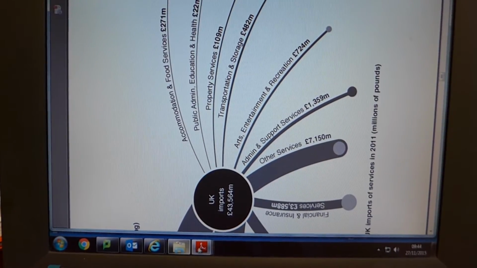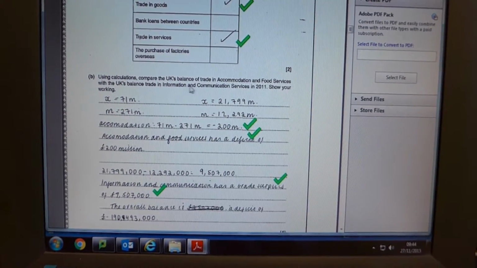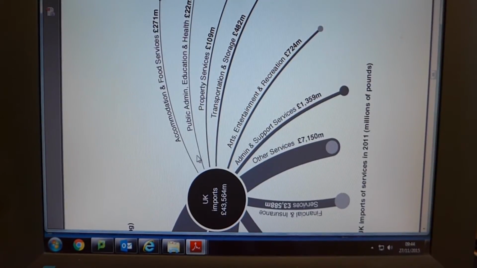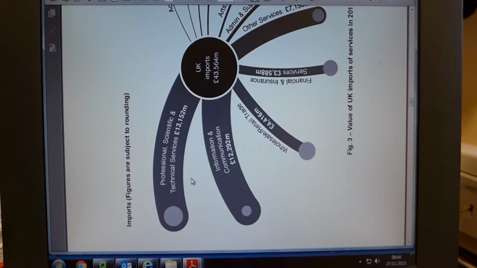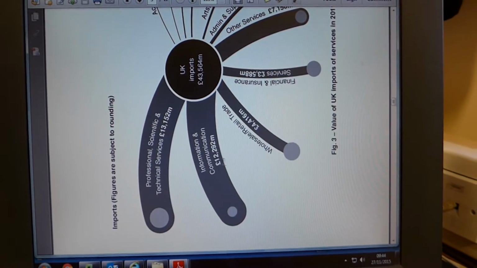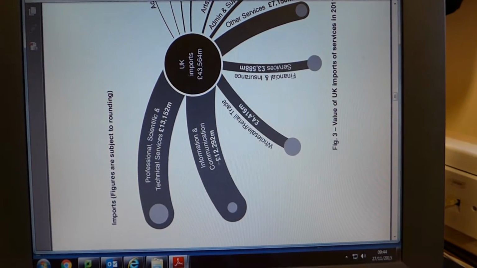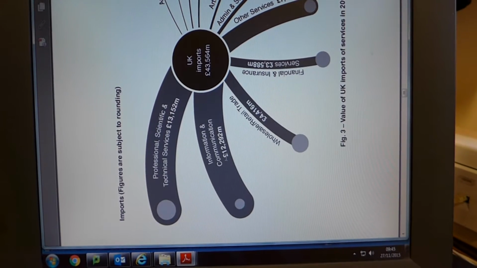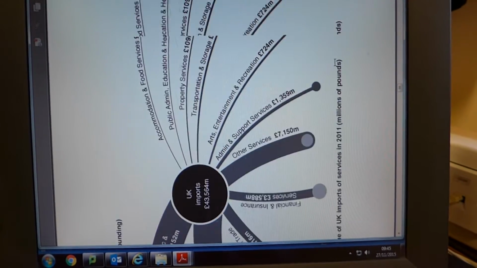You then do exactly the same for information and communication services. Back to your table, look at the figures for information and communication services. So that is, where is it? Information and communication services. 12.2 million. That's on the imports, that's money out.